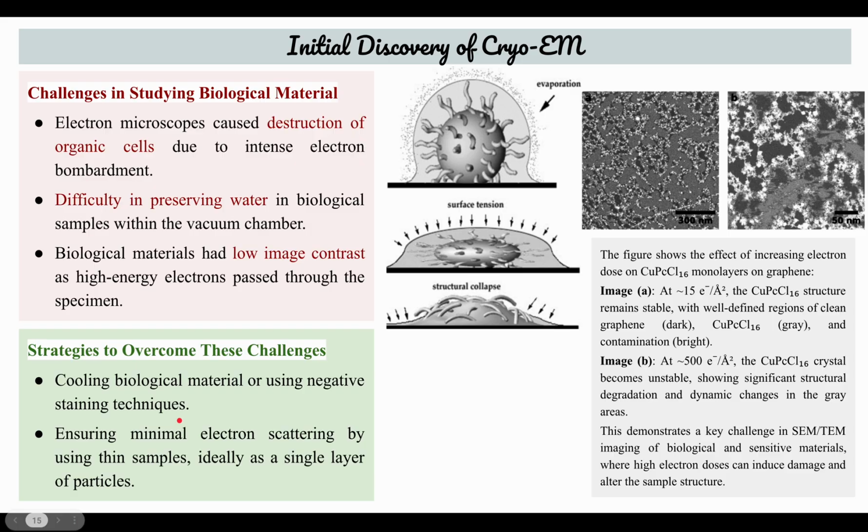So there are two ways with which we can protect a biological molecule without collapsing its structure. First, we can go for negative staining, and second, we can go for the cooling of these biological materials, which ensures minimal electron scattering. To ensure minimal electron scattering, we need to use thin samples, ideally a single layer of particles.